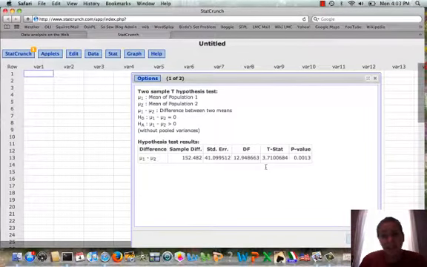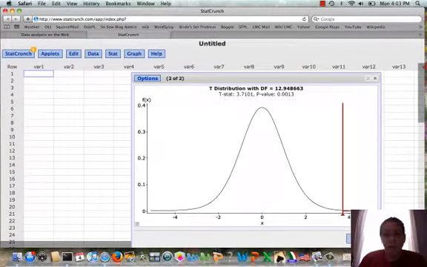So here our t-stat is more than 2 standard deviations, 3.71 standard deviations, and our p-value is less than 0.05. So that's significantly different. And if we look at the distribution chart, we see even here in the t-distribution, it looks a lot like the normal distribution. The 3.7 standard deviations is far out, and so it looks like it's unlikely that the null hypothesis is true.